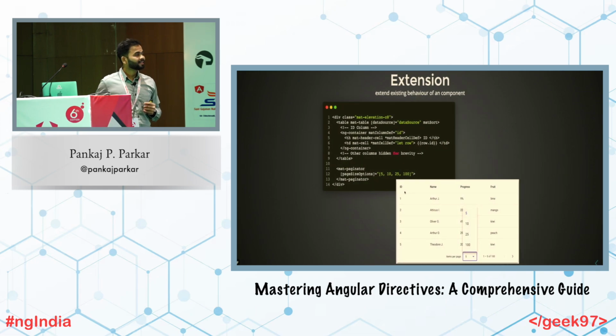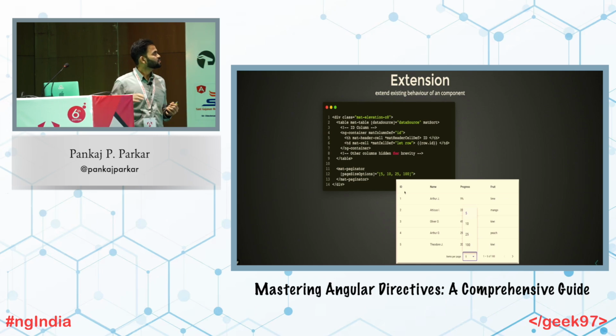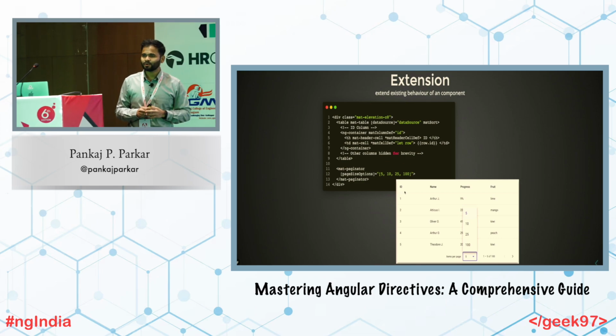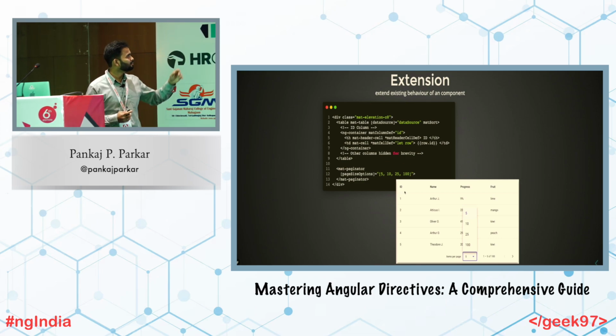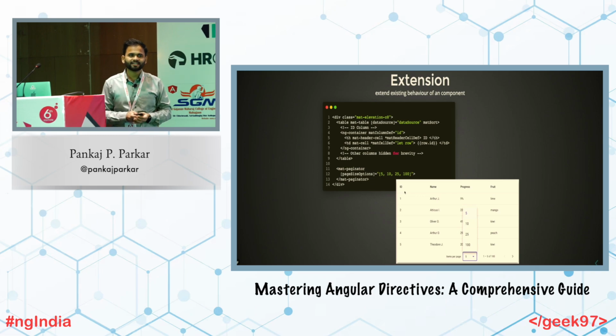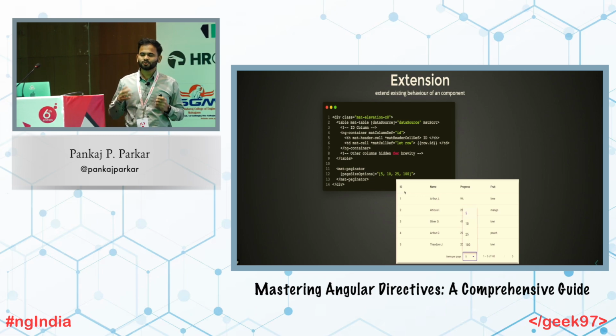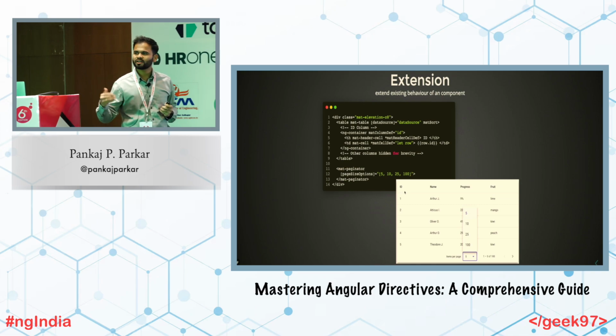Okay, I think the last two types are left. So there is the extension directive type. What does it exactly mean? In this case, I'm using mat-table, okay, with some content, and at the bottom I have a paginator. So the use case is, most of the time we use third-party components.